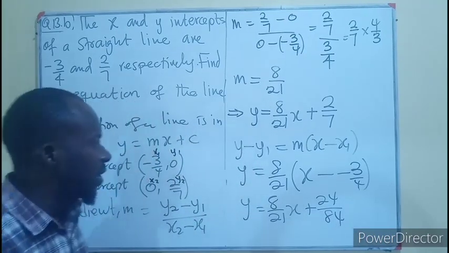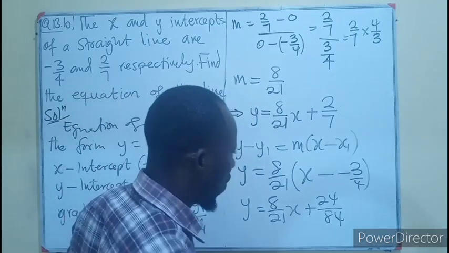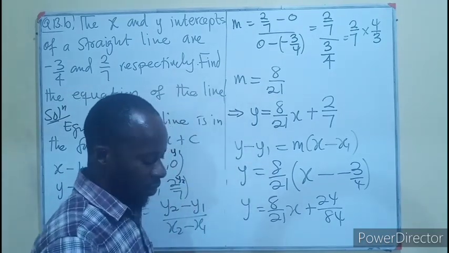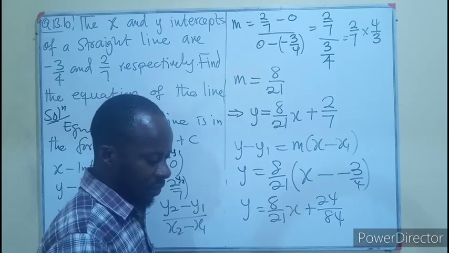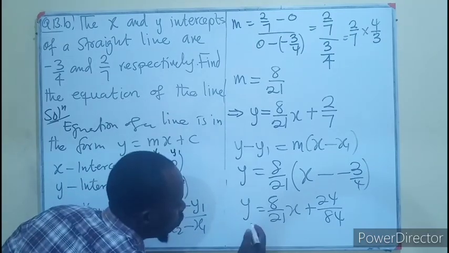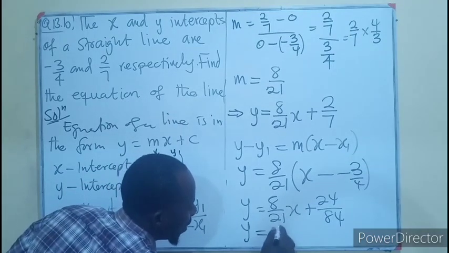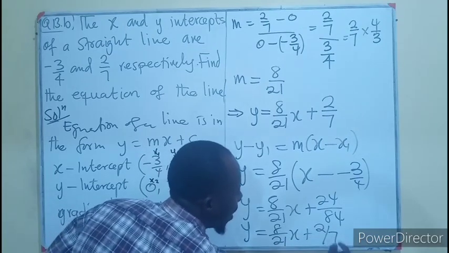Good. So now let's see if we have any common factor for 24 and 84. So 24 divided by 84 gives us 2/7. So y will be 8 over 21 x plus 2/7.